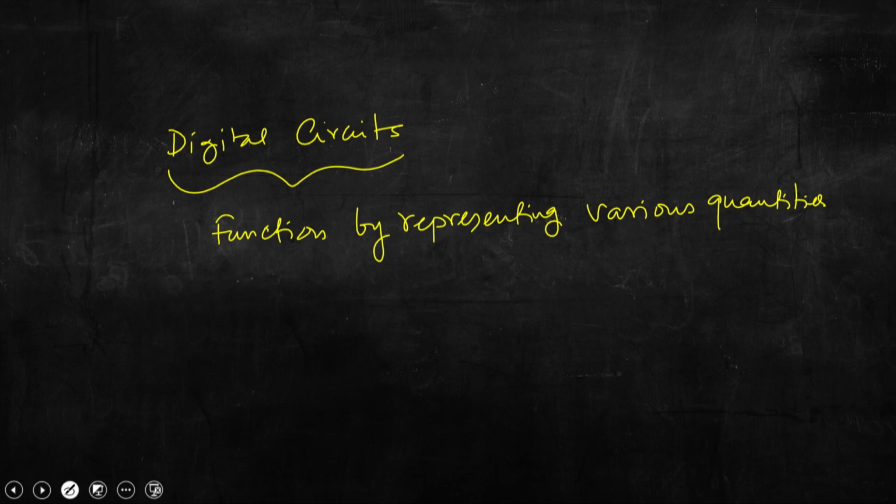Binary circuits are the circuits which can only be in one of two different states, typically 0 and 1, and these two states are indicated by two particular values of current or voltage. So, digital circuits function by representing various quantities numerically using a binary number system.